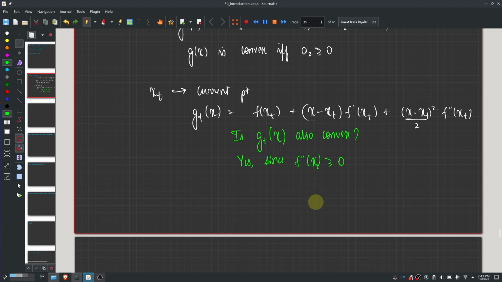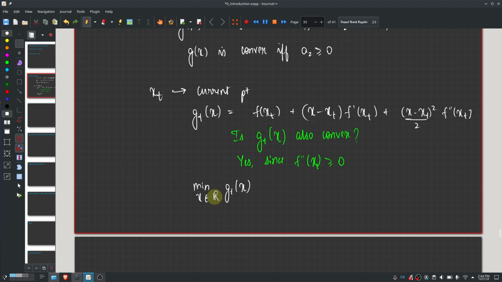Okay, so now that we have this, let's try to minimize this function. So what would be the point of minimum? So we want to find the minimum over all x in R of gt of x.